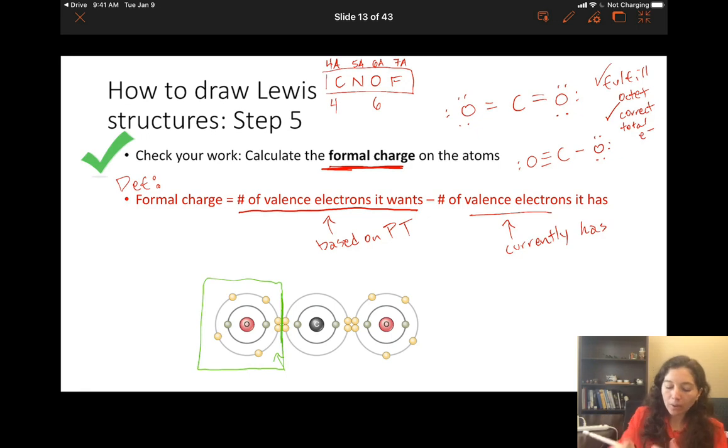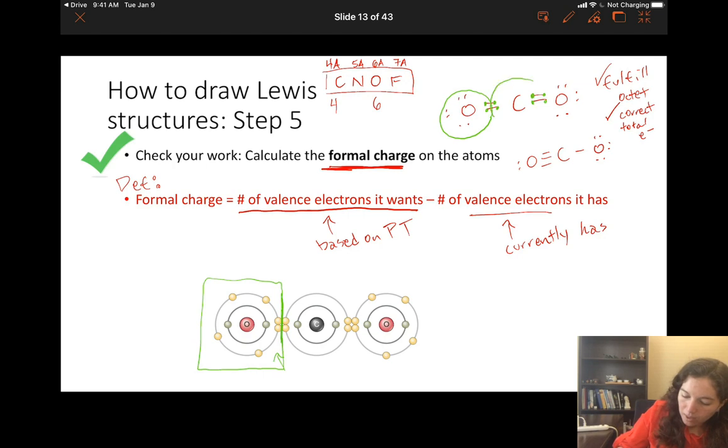So I like to draw circles around my atoms. I don't know if this will help you. If it doesn't, completely ignore me right now. But I like to do this in order to determine current valence electrons. This is how I do things. And so it lets me see the valence electrons really easily when I draw circles like this.